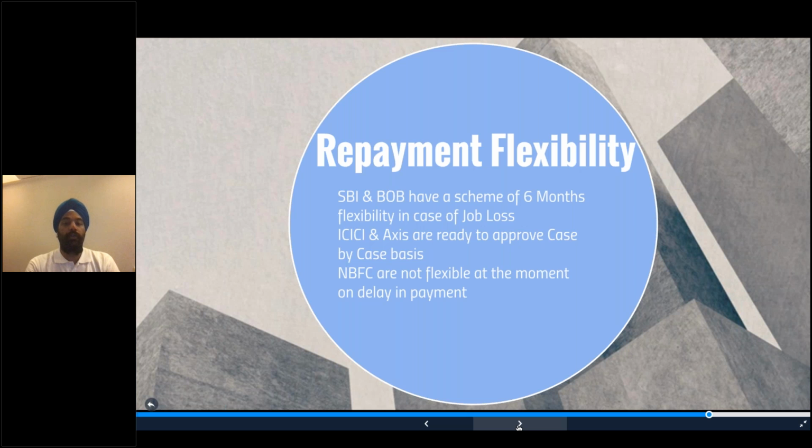They can restructure the loan for 6 months. State Bank of India also has a similar structure, they can also look at restructuring your loan and flexibility in case of job loss.